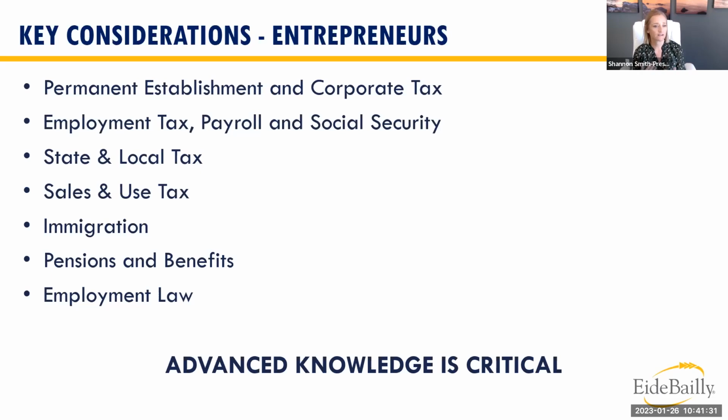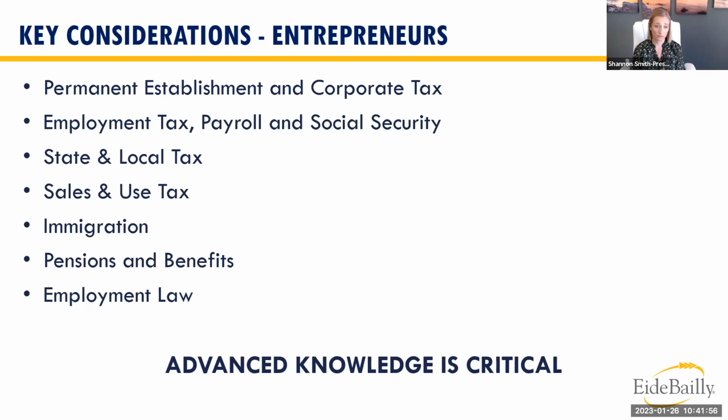We also, of course, have immigration issues, as Jared mentioned before. We always want to make sure you're using the right visa when you're here so that you're not getting into trouble. And then, if you have pensions and benefits, making sure that you are following the US rules with respect to those as well. That can be a very complicated exercise.